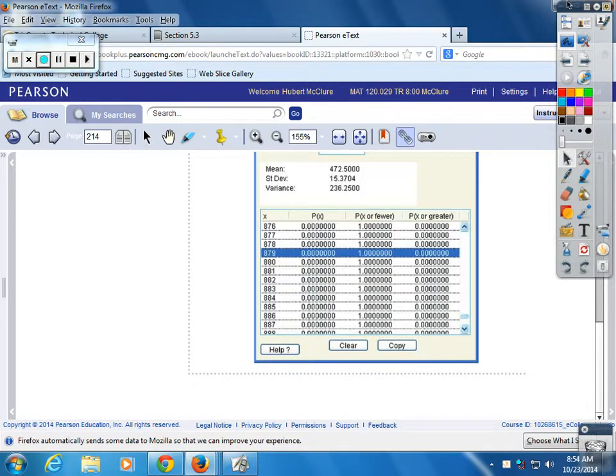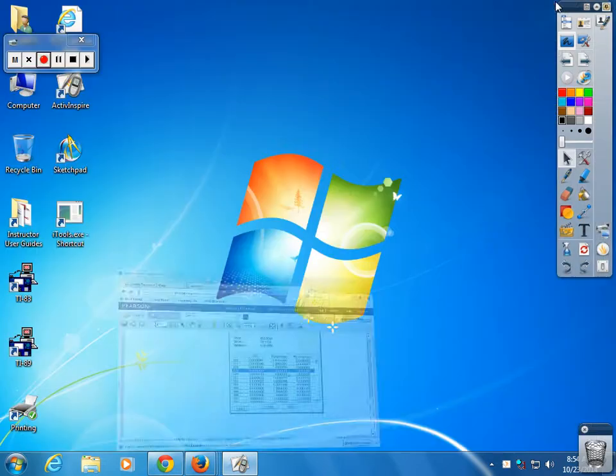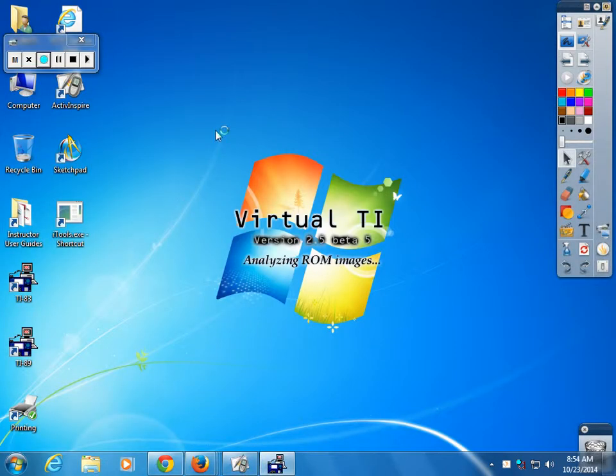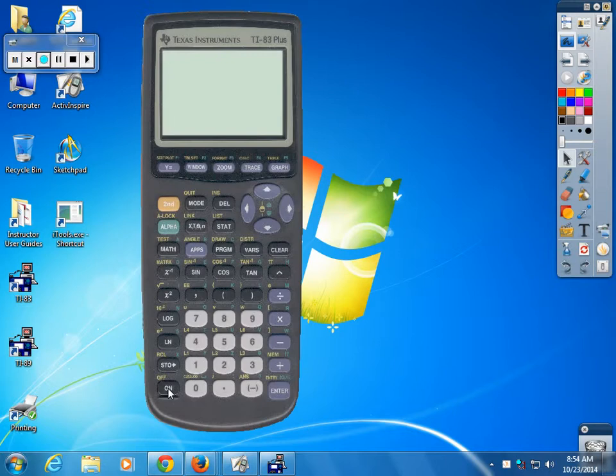Everybody looking on the board? Second bars, and go down to binomial. I think it's PDF. And type in N, which is 5, comma, P is 0.85, and what is X? 3, and close parentheses, and there it is.